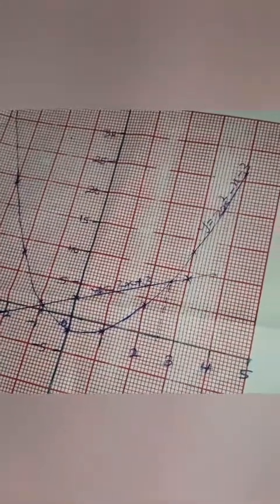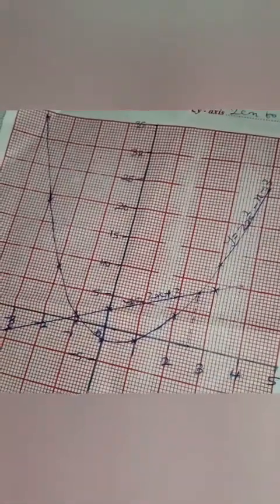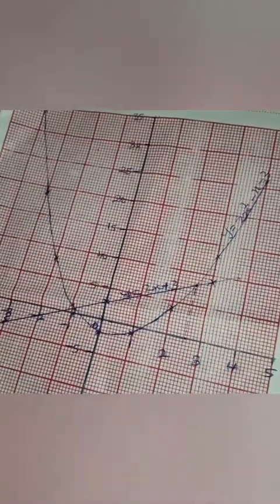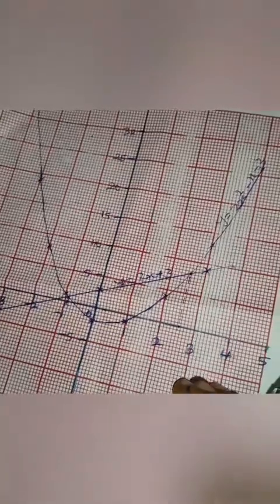Then they now said we should use the graph to find the range of values of x for which 2x squared minus x minus 2 is less than 0. We should look for the range of values of x for which this curve here goes below the x-axis, where y is less than 0.